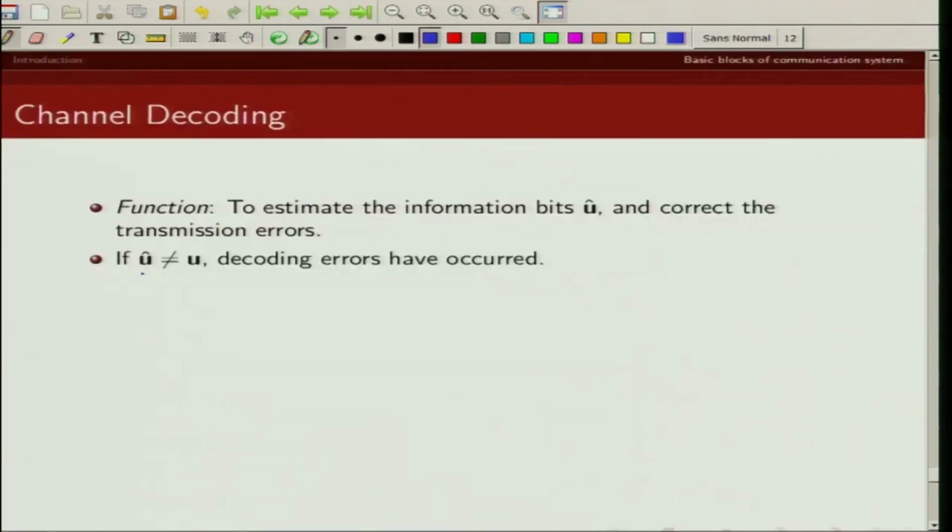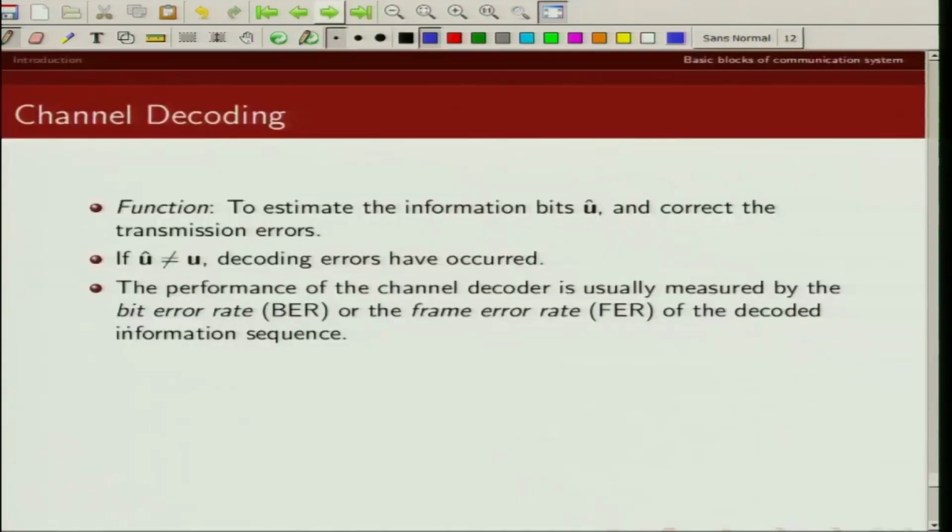So when does an error occur? If your estimated code sequence is not the same as the transmitted code sequence, then errors have occurred. And we can find out errors using these two metrics, bit error rate or frame error rate.